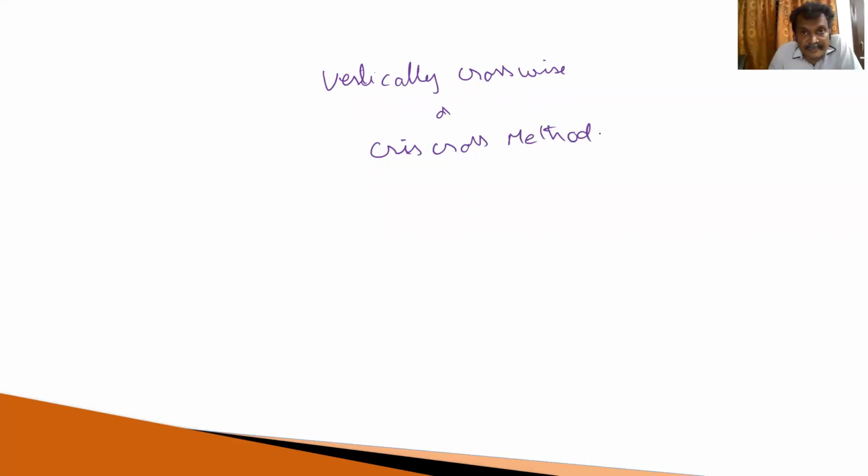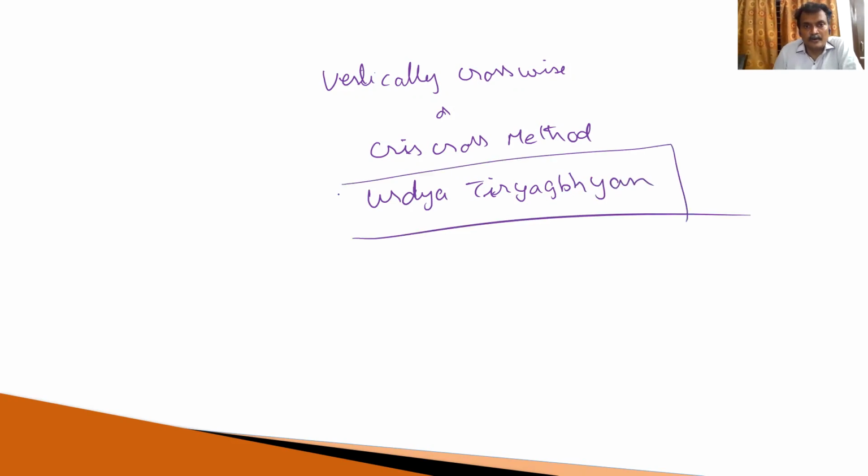In Vedic mathematics, it's called Vardha Triyagyam. Vardha is nothing but vertically. Triyagyam is nothing but crosswise. So whatever it is, vertically crosswise, crisscross method, or Vardha Triyagyam, all are the same.